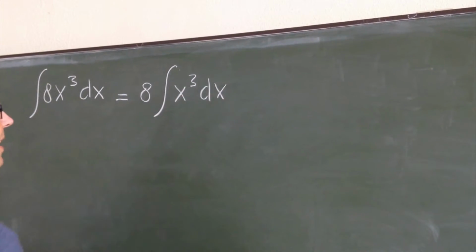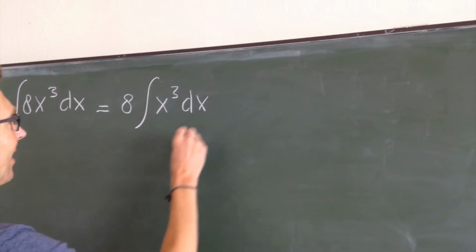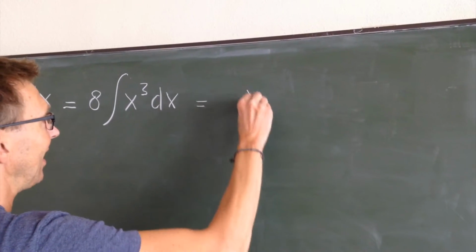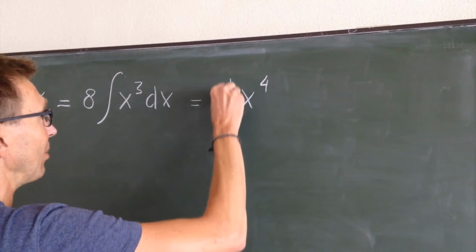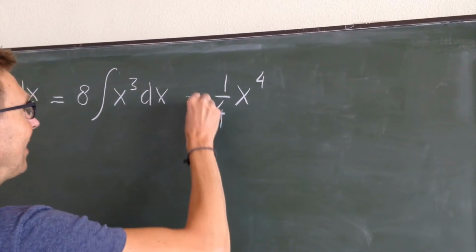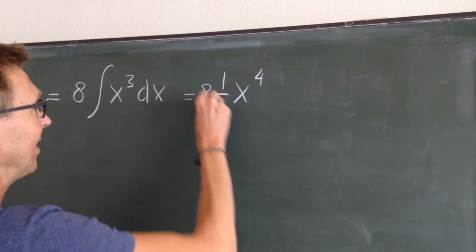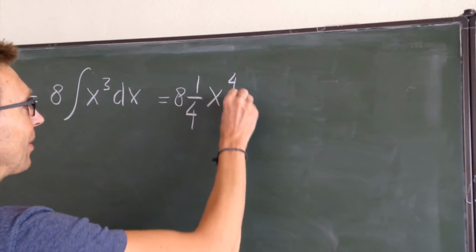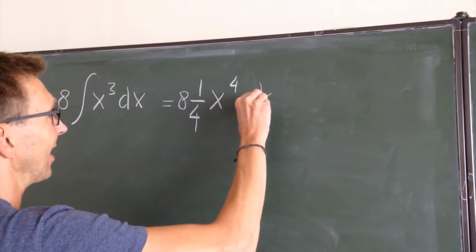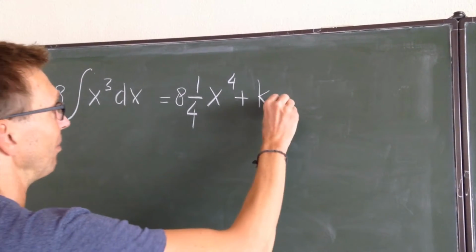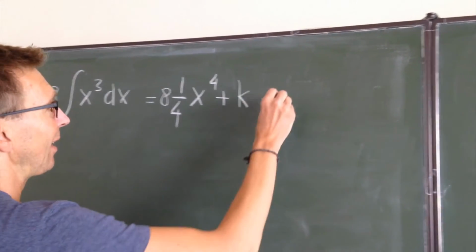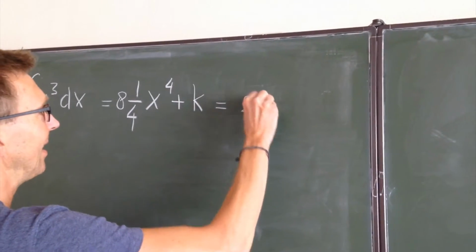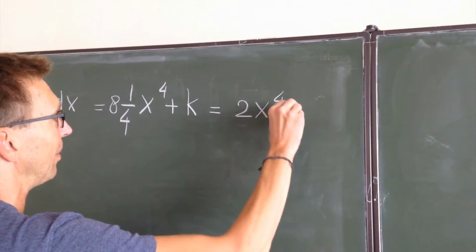For x to the power 3, you can use that important main rule, which makes it x to the power 4, preceded by 1/4, the same 4. Multiply this by this 8, and don't forget to add the integration constant k. You can rewrite this as 8/4 equals 2 times x to the power 4 plus k.